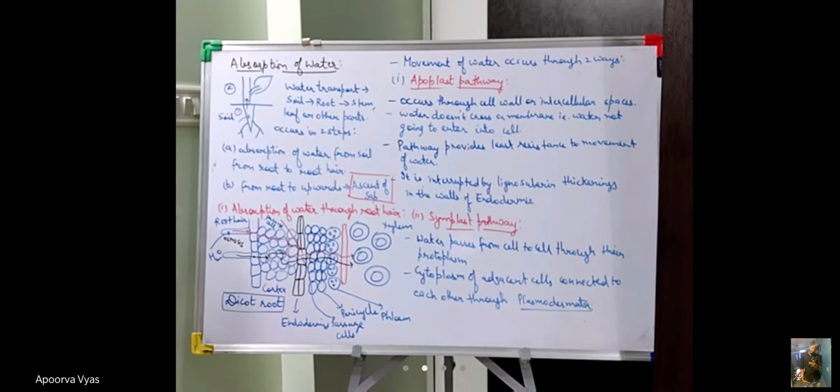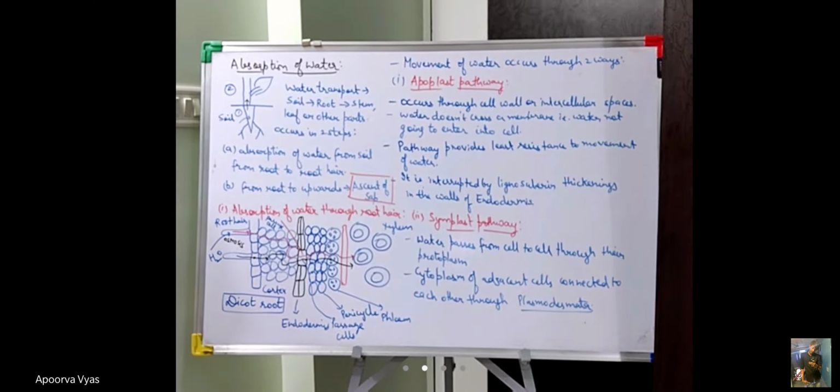So basically आप बोल सकते हैं, be it the apoplast pathway or be it the symplast pathway, the mechanism will be symplast when the water actually reaches the endodermis layer, because the endodermis layer has Casparian strips and they are made up of lignosuberin.